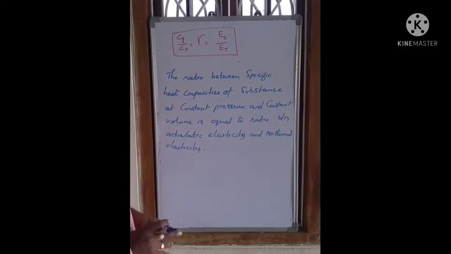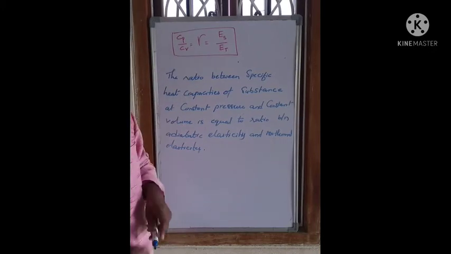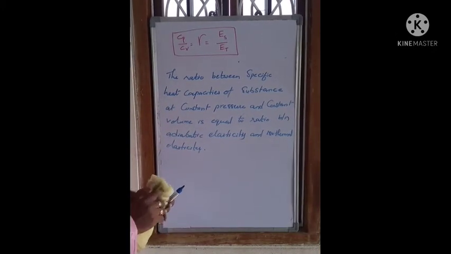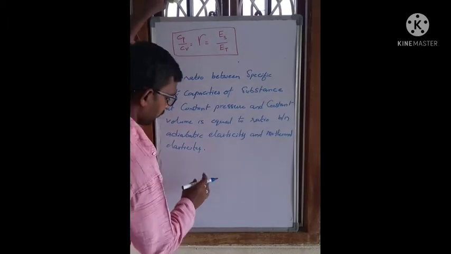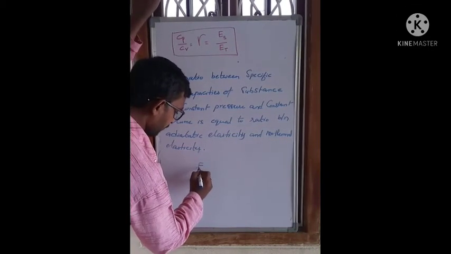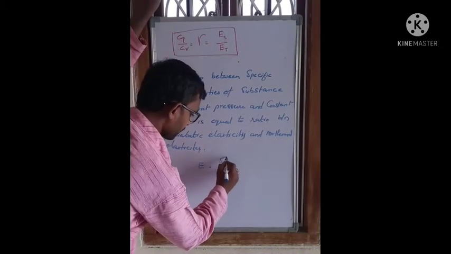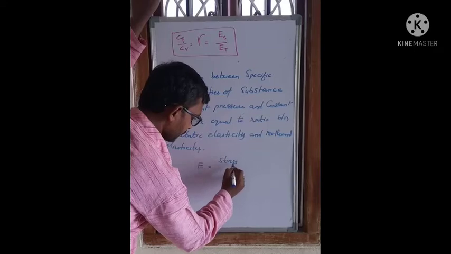So now let us see how we can derive this equation. You have to remember this one. For this, we know that elasticity can be written as E equal to stress by strain.